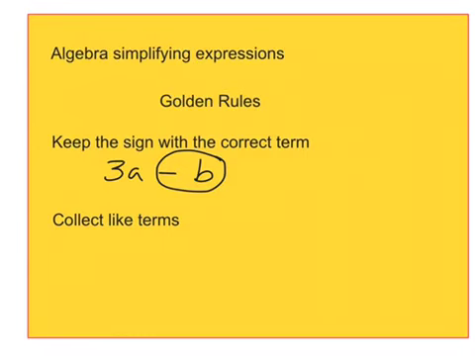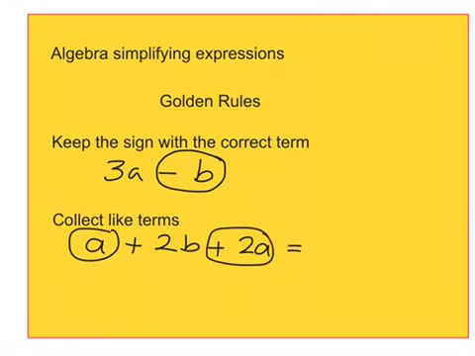So if you have got A plus 2B plus 2A, that's exactly the same as collecting together that A with that 2A, that becomes 3A, and then just plus the 2B. I can't join those two together because A and B are different.